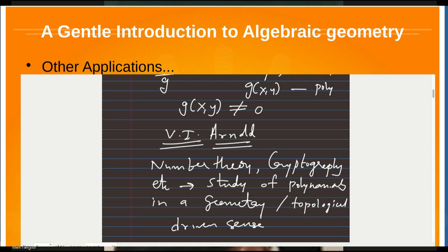A lot of topological and geometric arguments play a role there. Even in cryptography, we look at, for example, toric varieties, torus-based cryptosystems. So again, algebraic geometry is used.